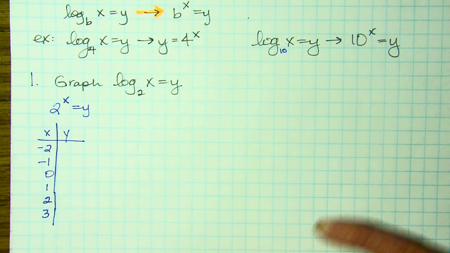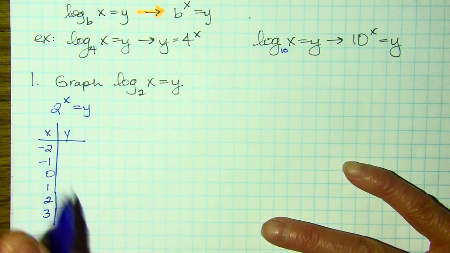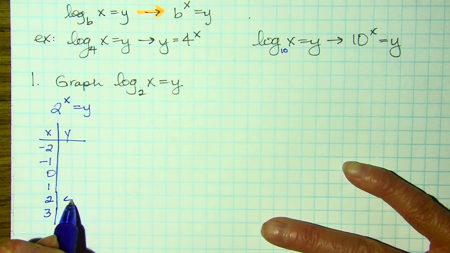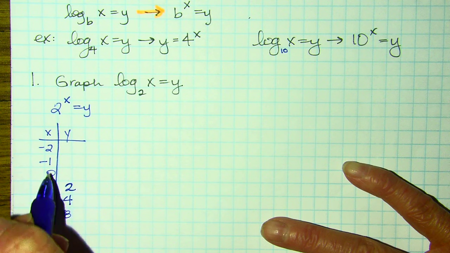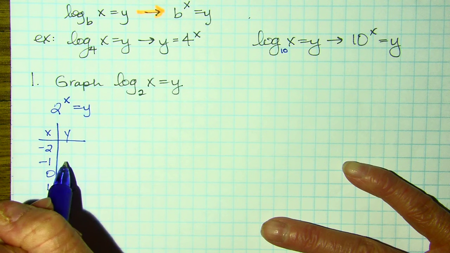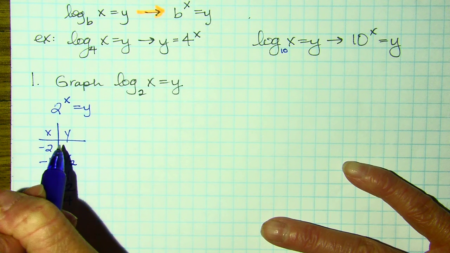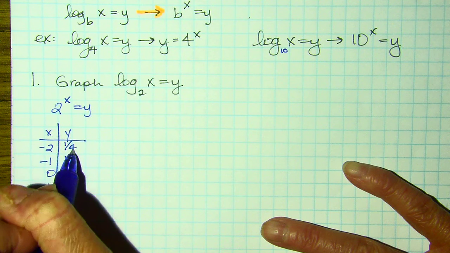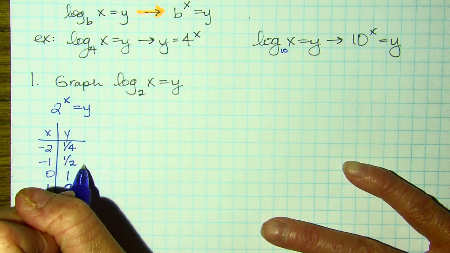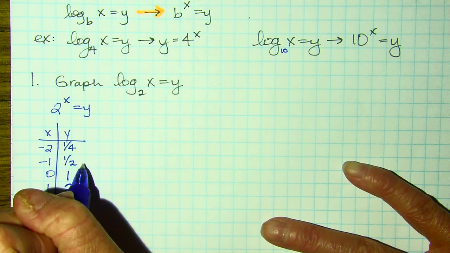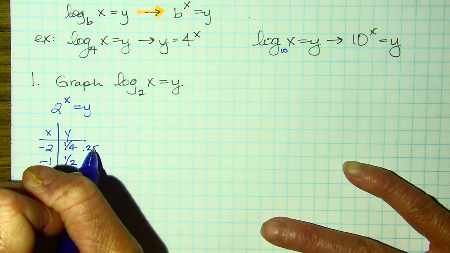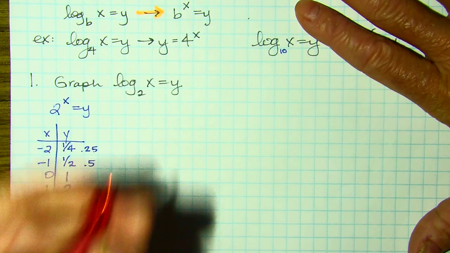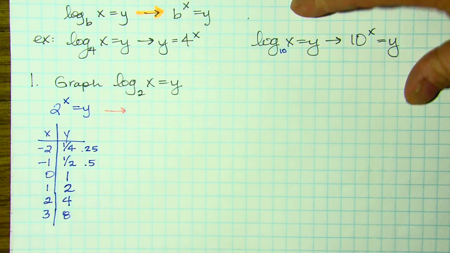If I was to fill in this table, 2 to the third is 8, 2 squared is 4, 2 to the first is 2, 2 to the 0 is 1, 2 to the -1 is 1/2, and 2 to the -2 is 1/4. Now I think it's easier to make these a decimal, so this is actually 0.5 and this is 0.25.